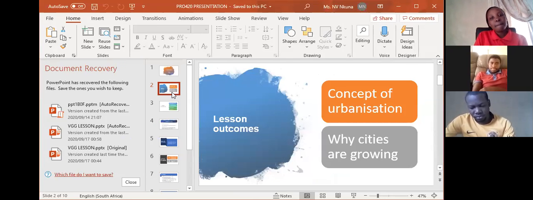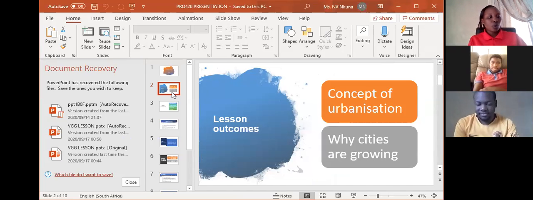So in this lesson we'll be looking at the concept of urbanization, why cities are growing. Here we'll be focusing much on the pull and the push factors.